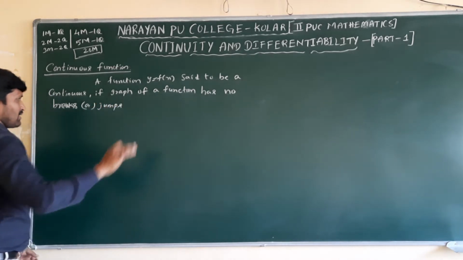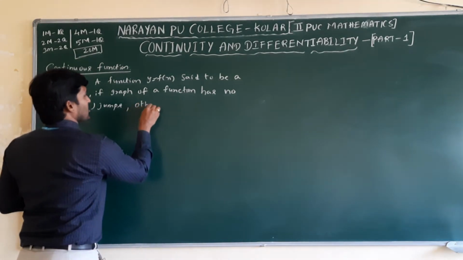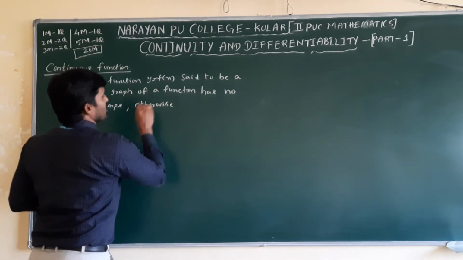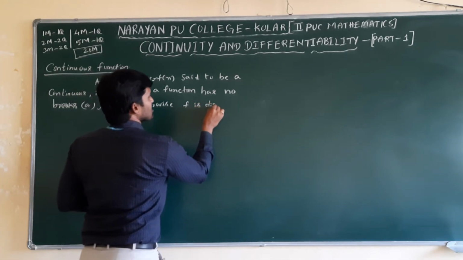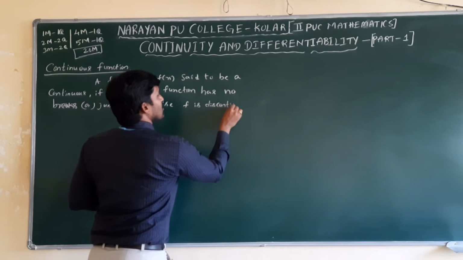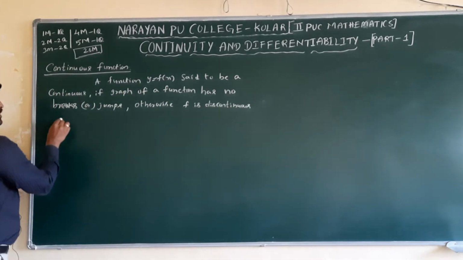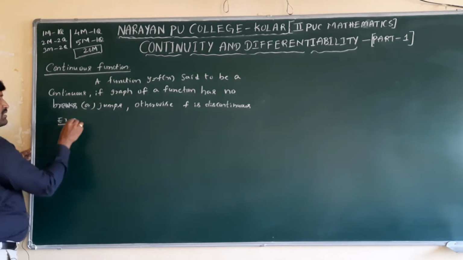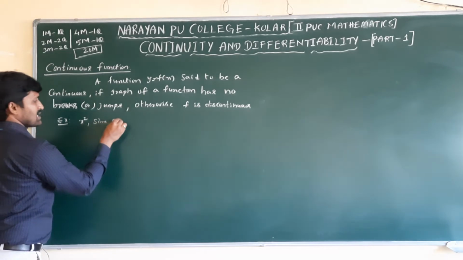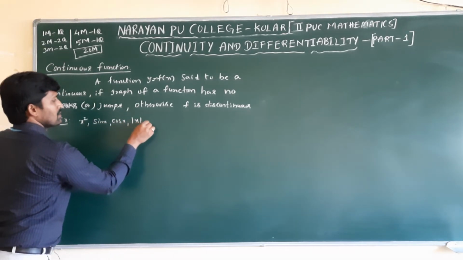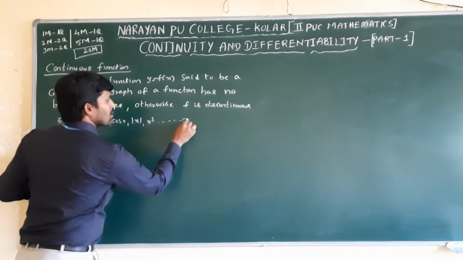No jump means no breaking. Such functions we call continuous; otherwise we call f discontinuous, or not continuous. Which are continuous functions? Examples I will take here: x square, sin x, cos x, mod x, x cube and so on are continuous functions.